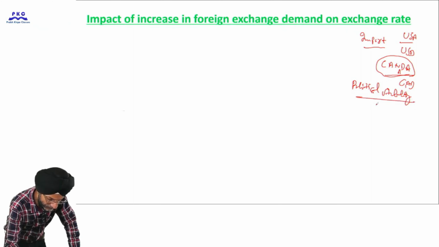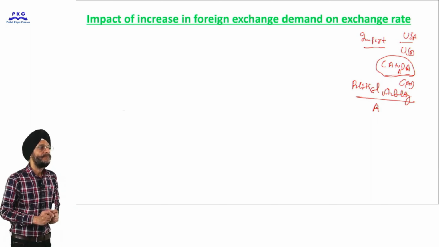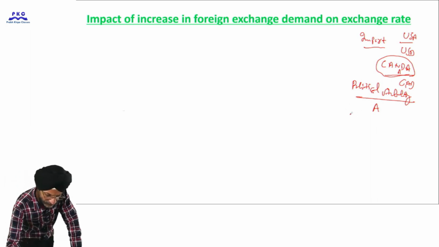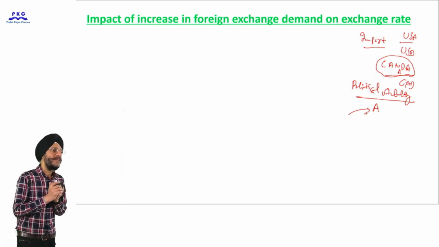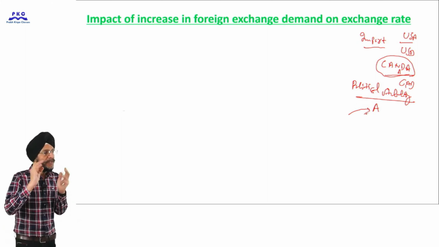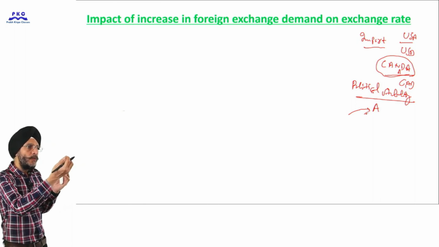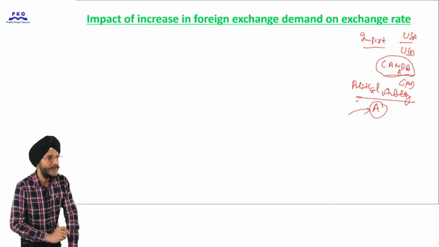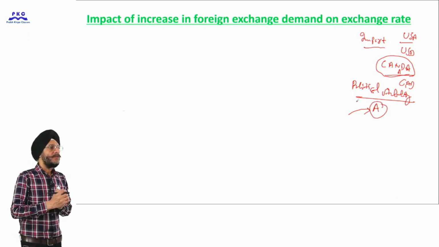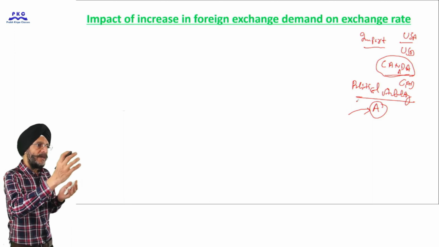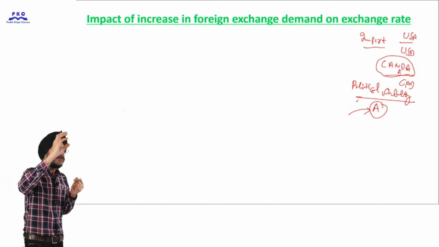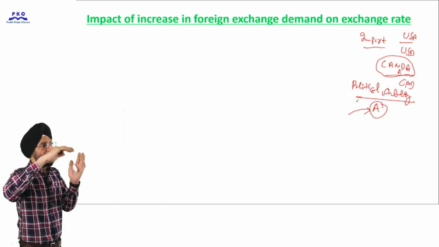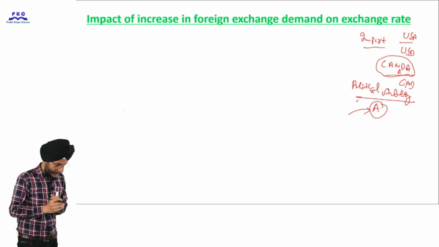Suppose we are studying political stability. If there is political stability in a particular country, say A, the people from the rest of the world will like to make investments in country A. To make investments, they will have to purchase the currency of that country. So the demand for the currency of the country where there is political stability will rise.